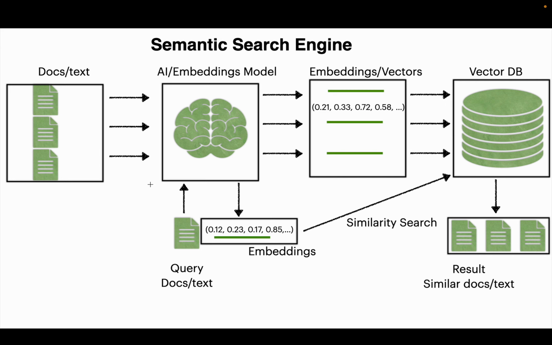And then during the application, we have a query, or we want to search for something, right? For the document or text, we again apply the same embedding model so that we get another vector of the same dimension. Now using this vector, we query the vector database.